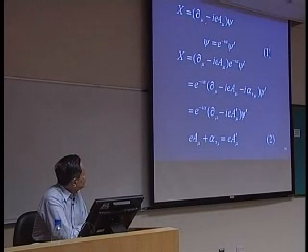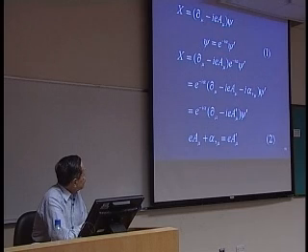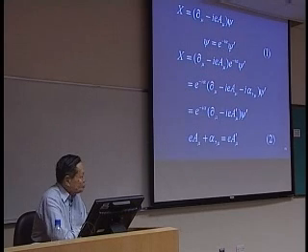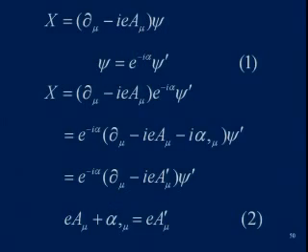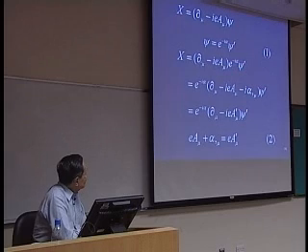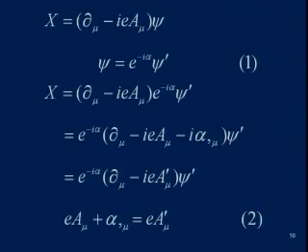And if you now make a transformation of x equal to this, you change psi into psi prime, like what I showed you in a previous transparency. I substitute that in here, then this x becomes this. Now, this differential operator operating on the product gives two terms. So this becomes now this.